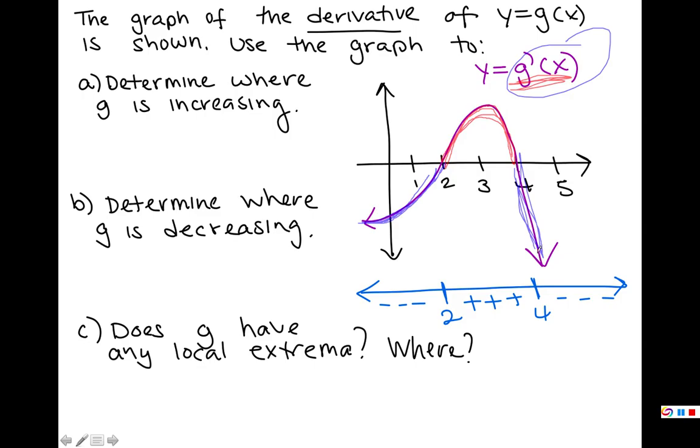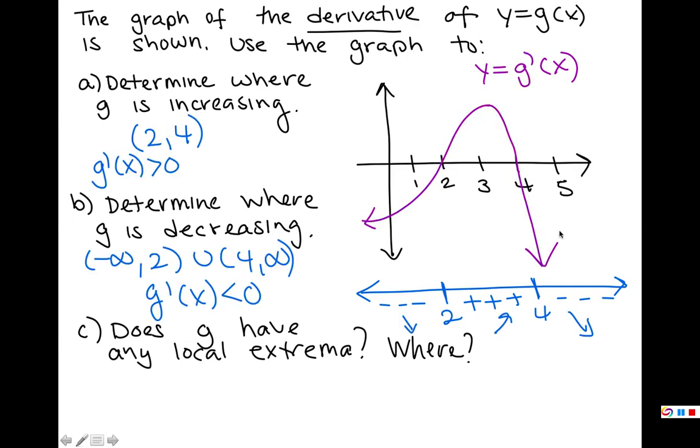So then to answer the question, where is the function increasing? I can just look at my number line. It's increasing where I see the plus signs, so that would be from 2 to 4. And it's decreasing where I see the minus signs, which would be from negative infinity to 2 and 4 to infinity.